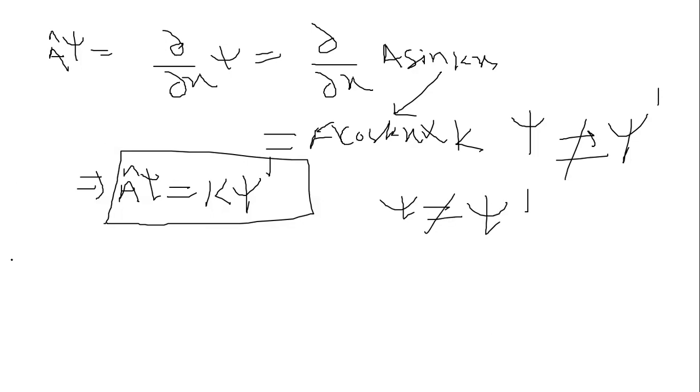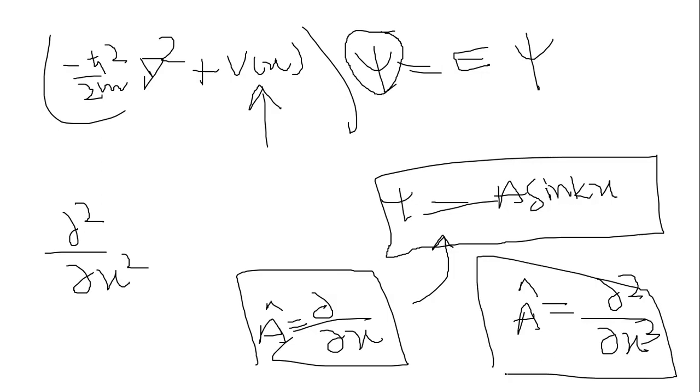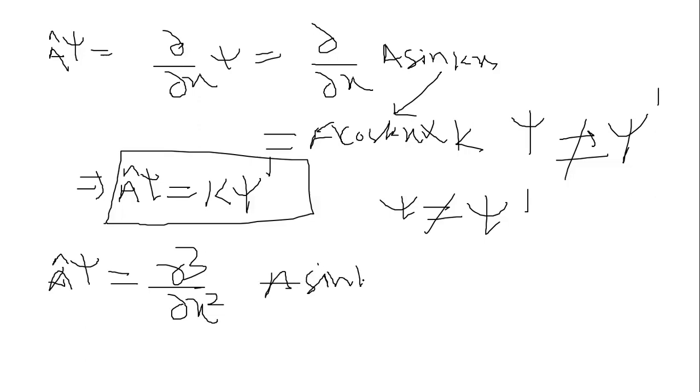But if you consider an example where we take the operator A cap as del square by del x square, then we can take the derivative twice. So A cap psi will be del square by del x square of A sin kx.